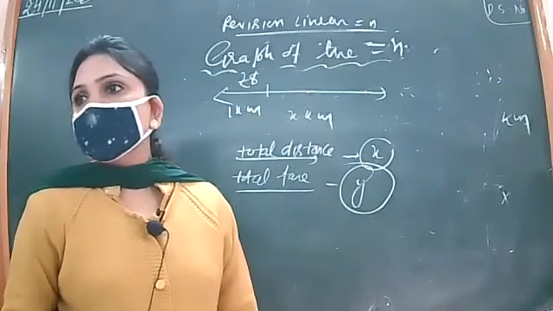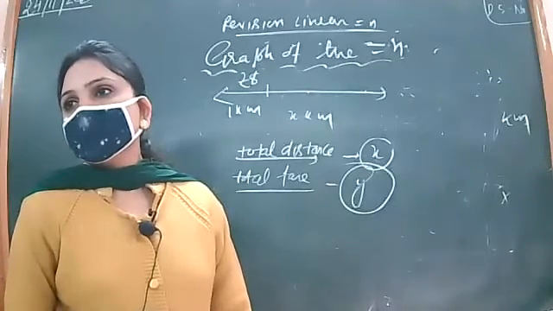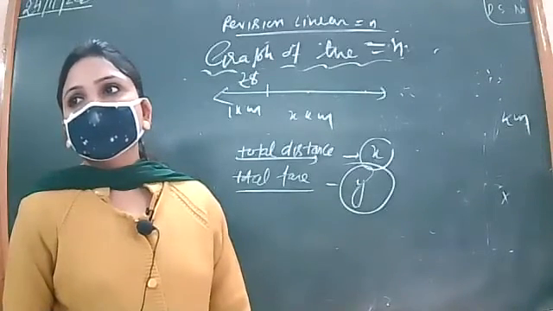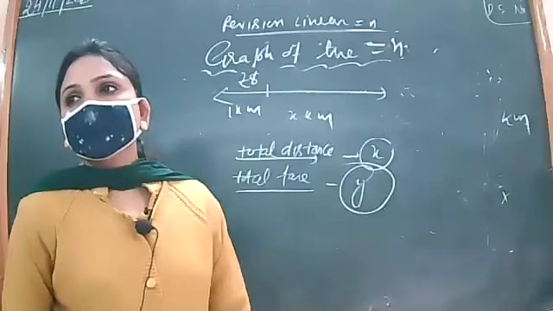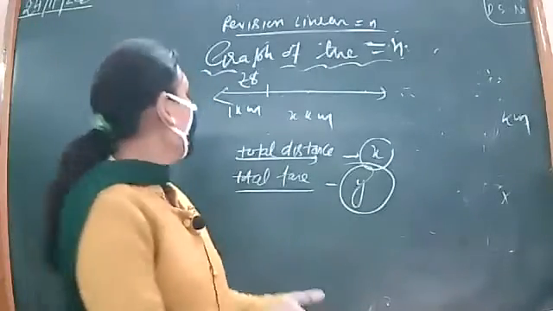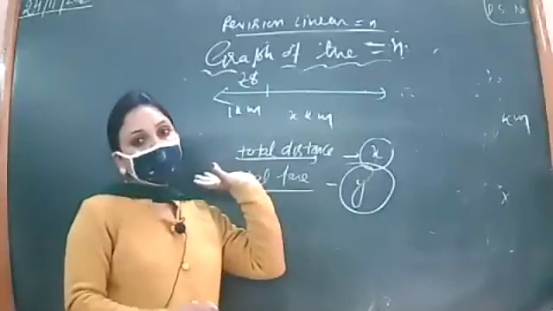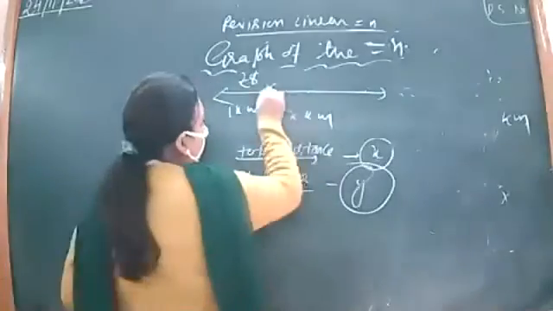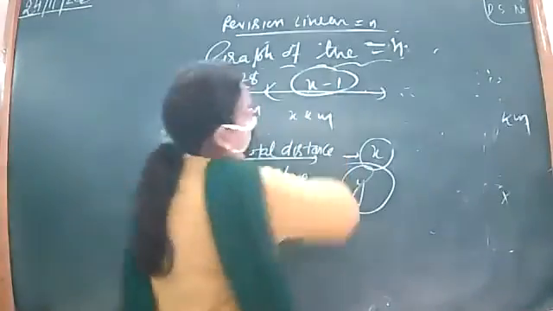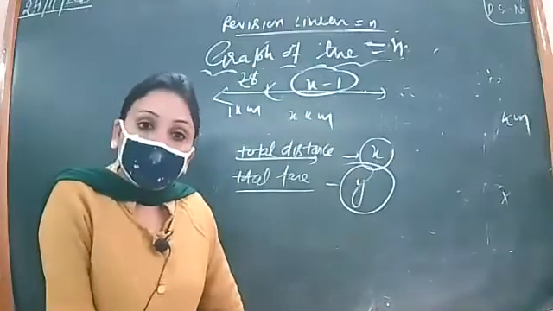Make the expression 1 subtracted from x. X minus 1. Similarly here, total distance is x, 1 being excluded. So how much is left? X minus 1. This is the subsequent distance about which he is talking.